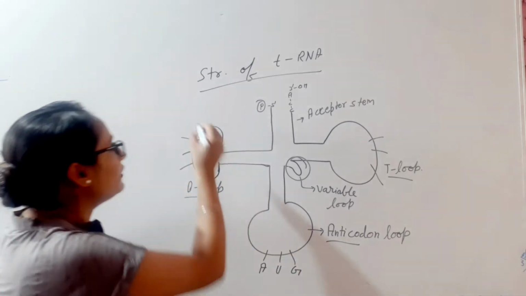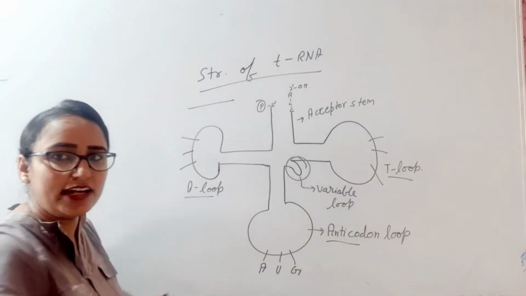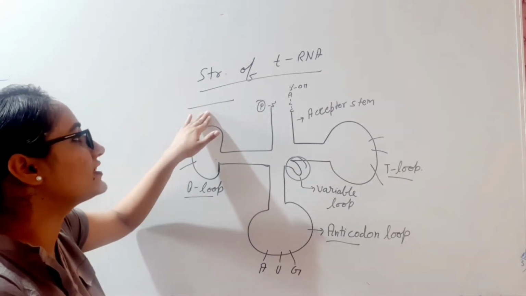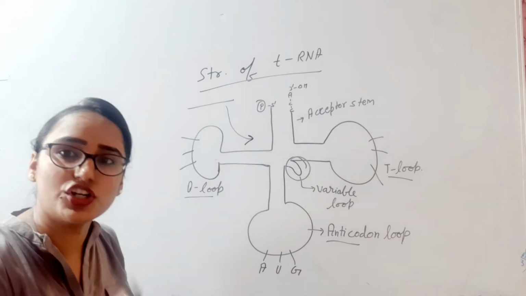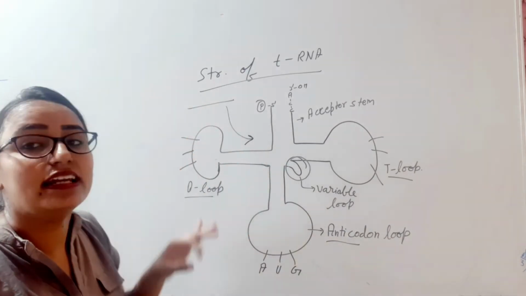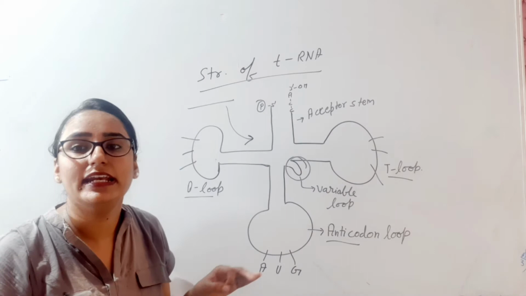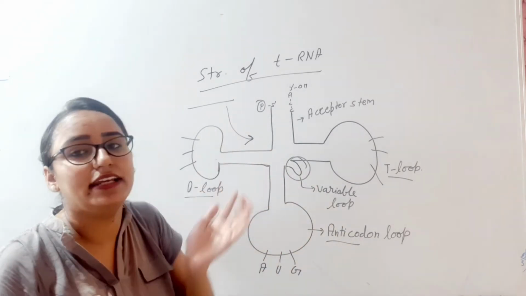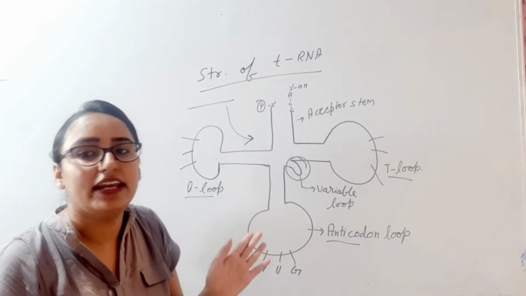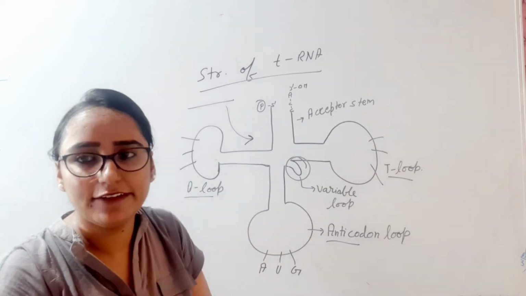Firstly, we all know that RNA is a single-stranded molecule. Then how does this single-stranded straight molecule change into this clover leaf-like structure? Because there is some complementarity present in this tRNA. That's why this tRNA gets arranged into a clover leaf-like structure.